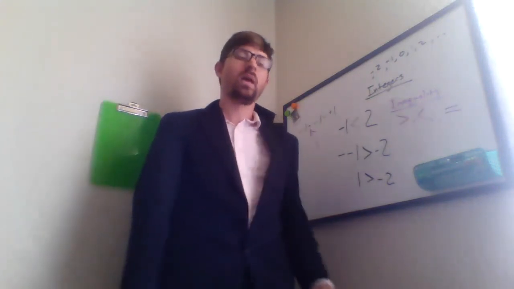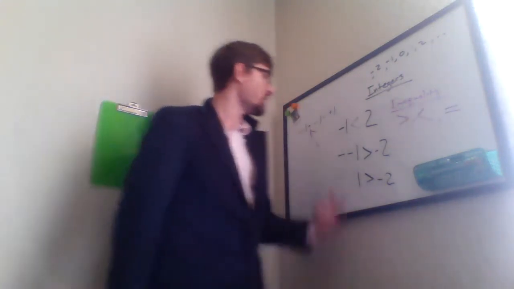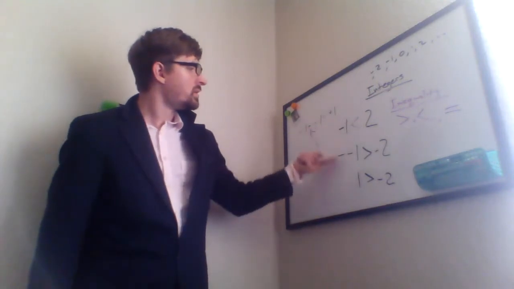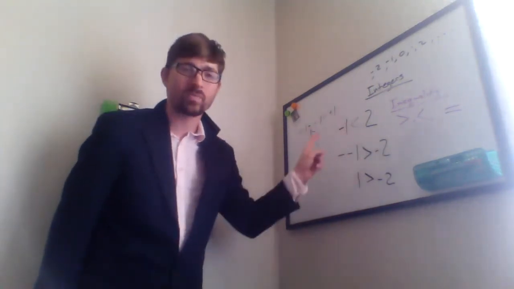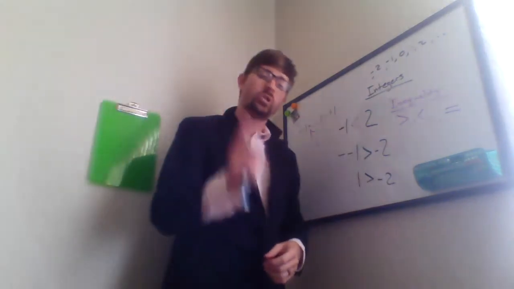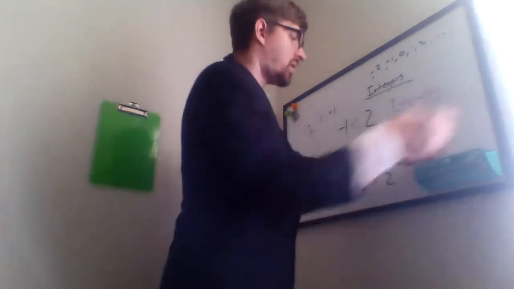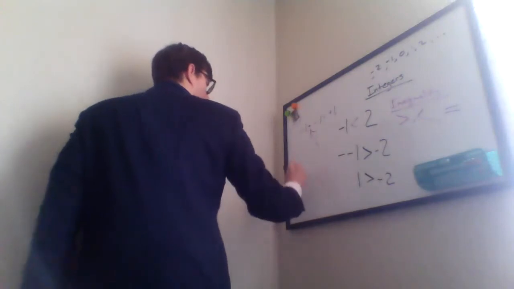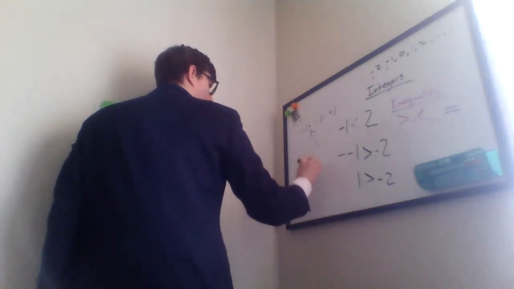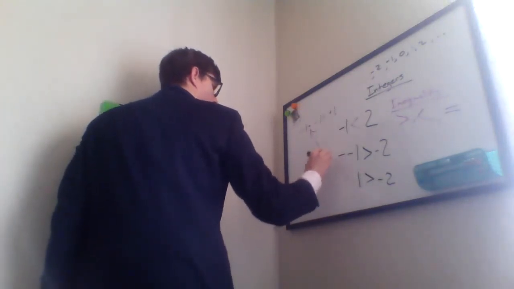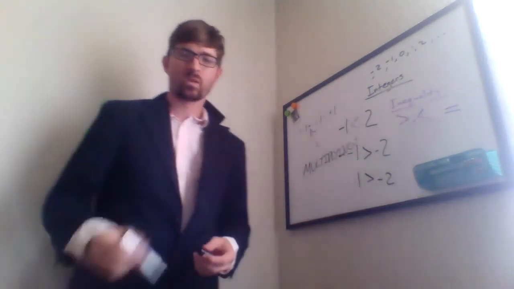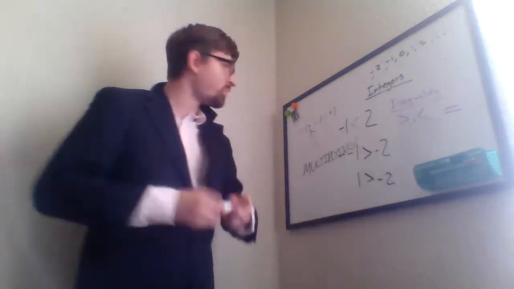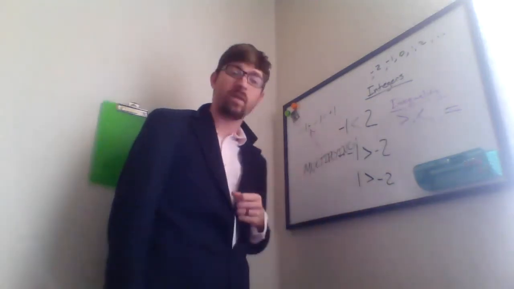All right. Now, the reason I show you that is because in order to have this negative here, to negate this thing, what we are doing is multiplying. We are multiplying the expression by a -1.